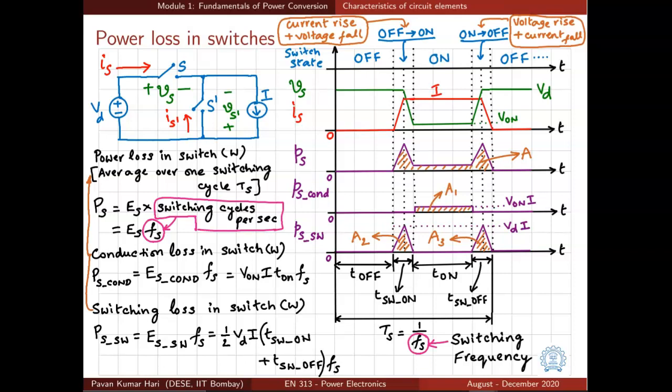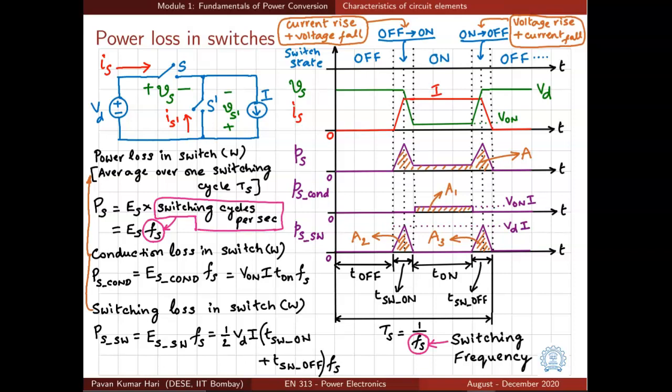Typical values of the switching transition times, the turn on and turn off times, are specified in the manufacturer's data sheet of the switch. However, the actual times of transition depend upon many parameters: on state current, off state voltage, elements of the control circuit of the switch known as gate drive circuit, and the internal temperature of the switch.